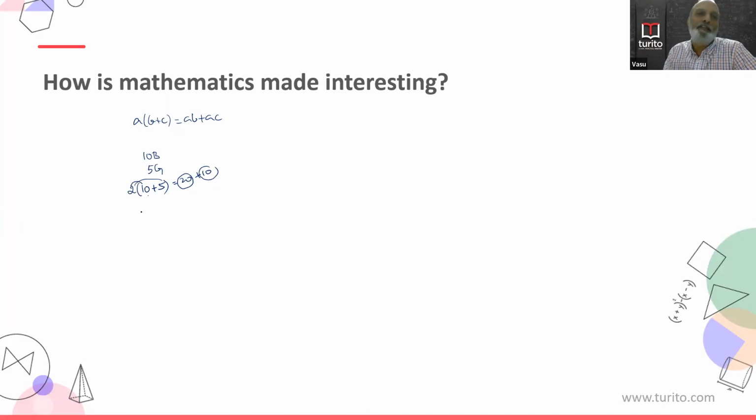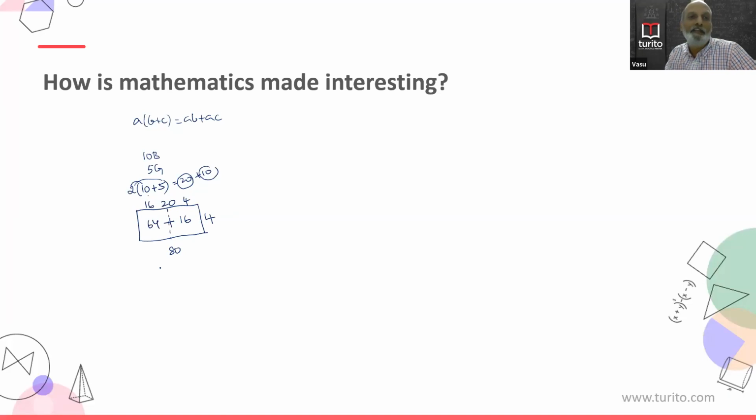For example, I can give you another example. I have a rectangle whose length is 20 units and width is 4 units. Then I can break this length into 16 and 4. Now 16 times 4 is 64 and 4 times 4 is 16. If you sum up the areas, you get the area of the rectangle, that is 80.